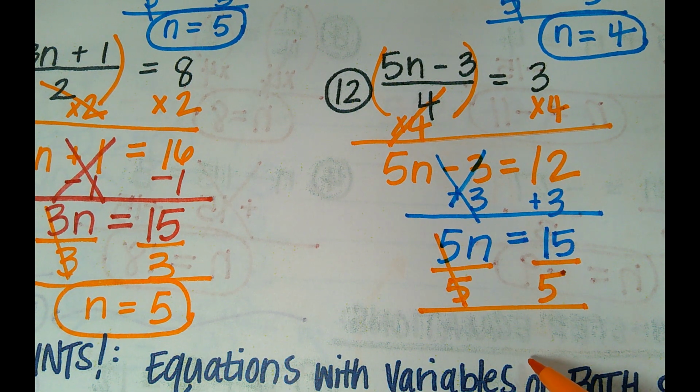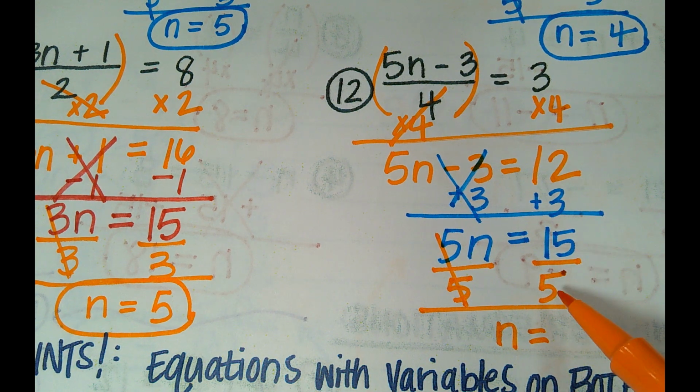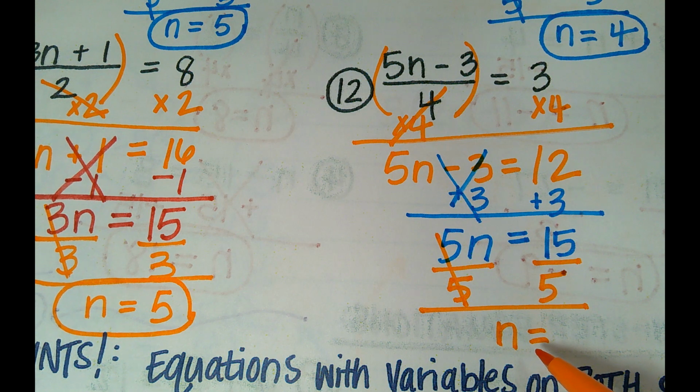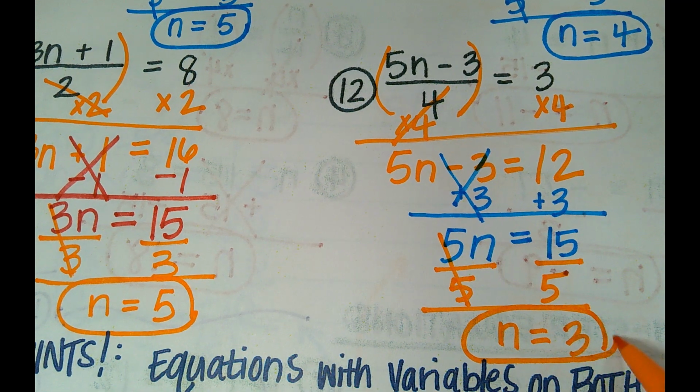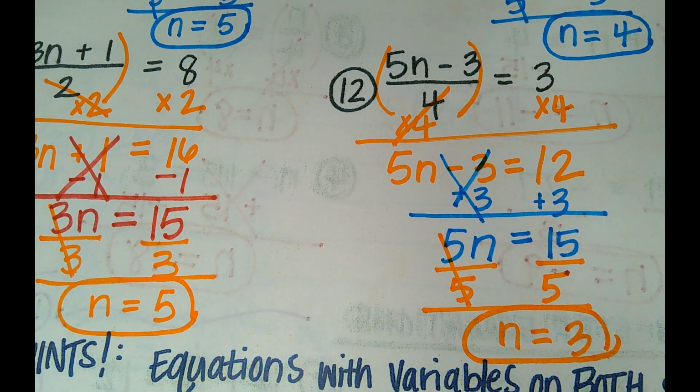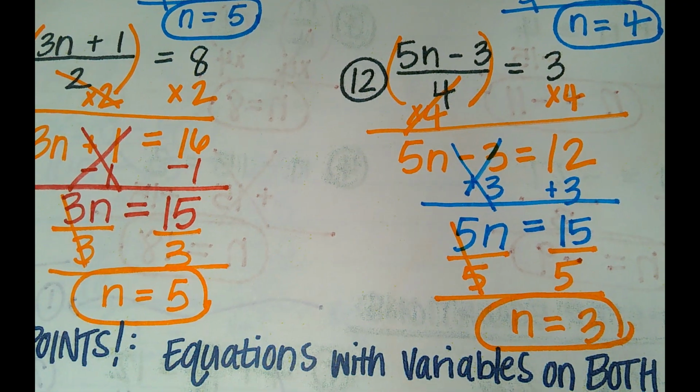Check that one again. 15 divided by 5: 5, 10, 15. That's 3. Good. N equals 3. I add another finger. N equals 3. All right, guys, that's it.